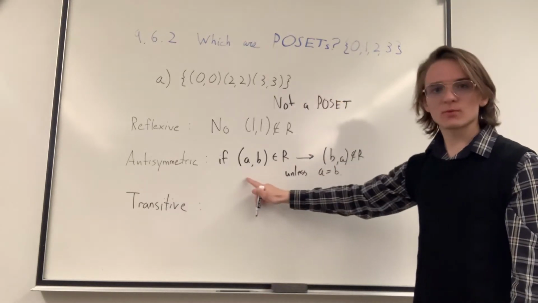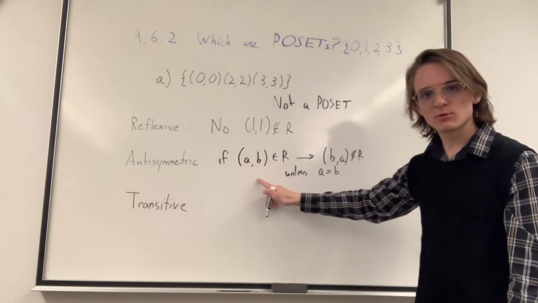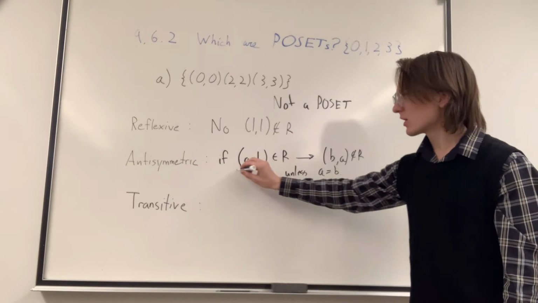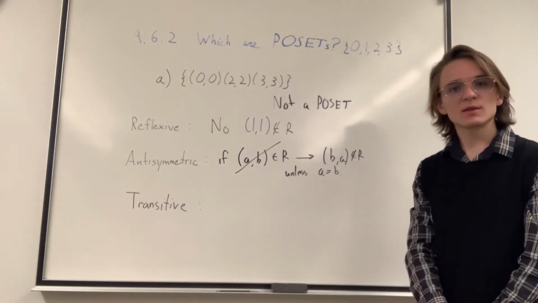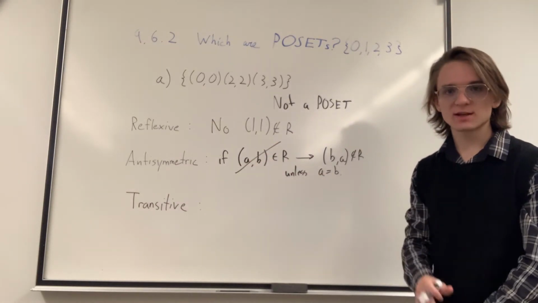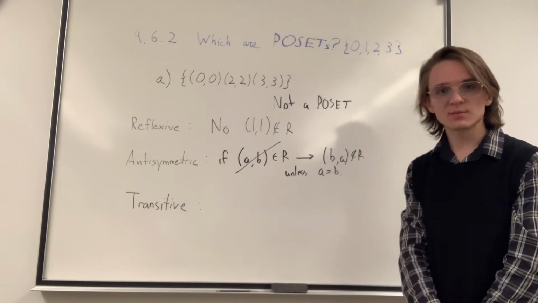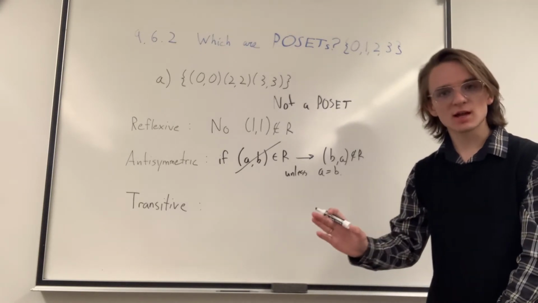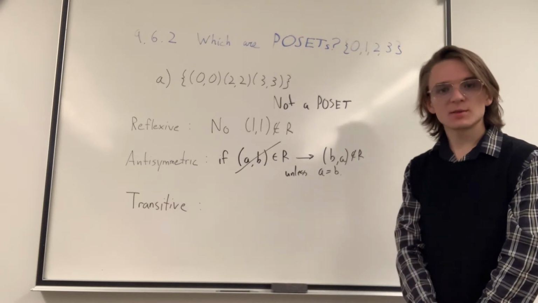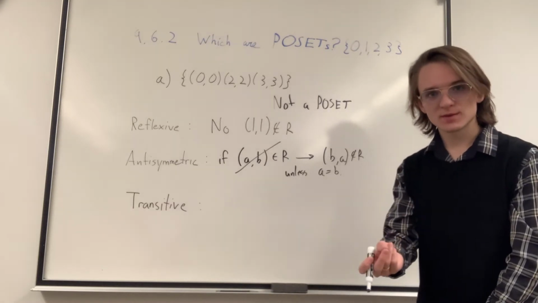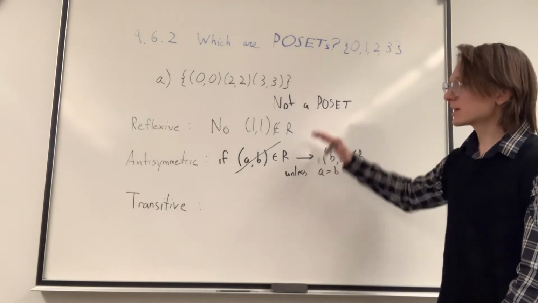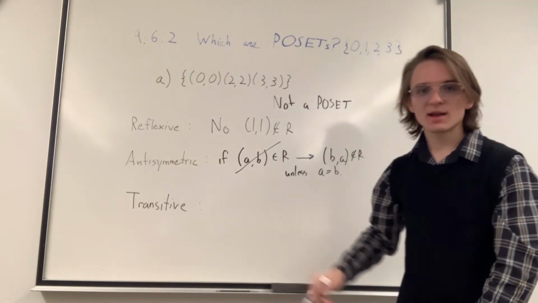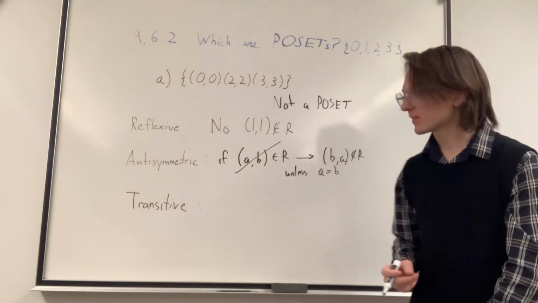There are no pairs in which A does not equal B. So the left-hand side of this implication is automatically false. And when the left-hand side of an implication is false, then it doesn't matter what the right-hand side of the implication is, whether it's true, whether it's false. We don't even have to check, because the implication automatically holds true. In the same sense, because there are no pairs to check antisymmetry on, antisymmetry holds automatically.